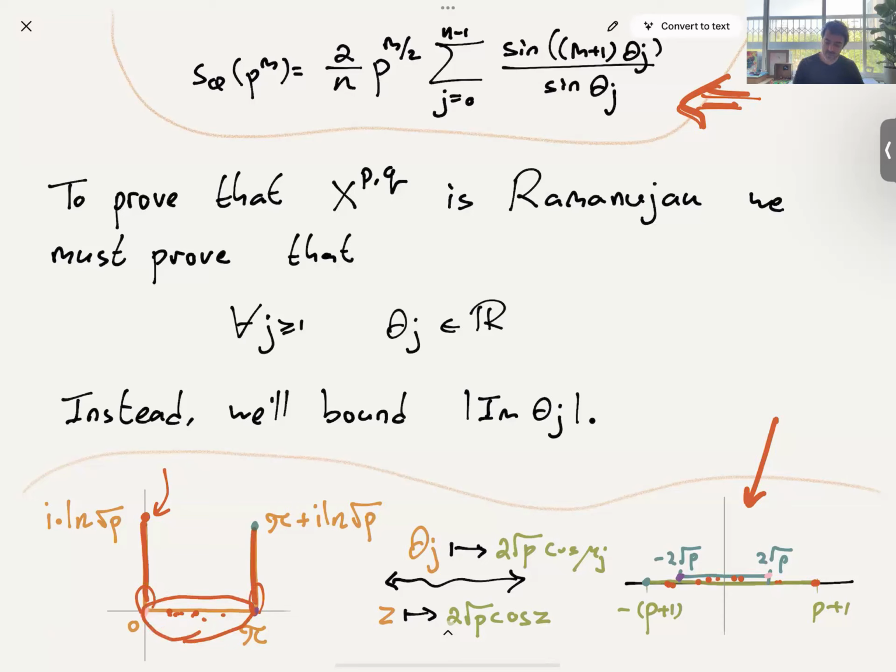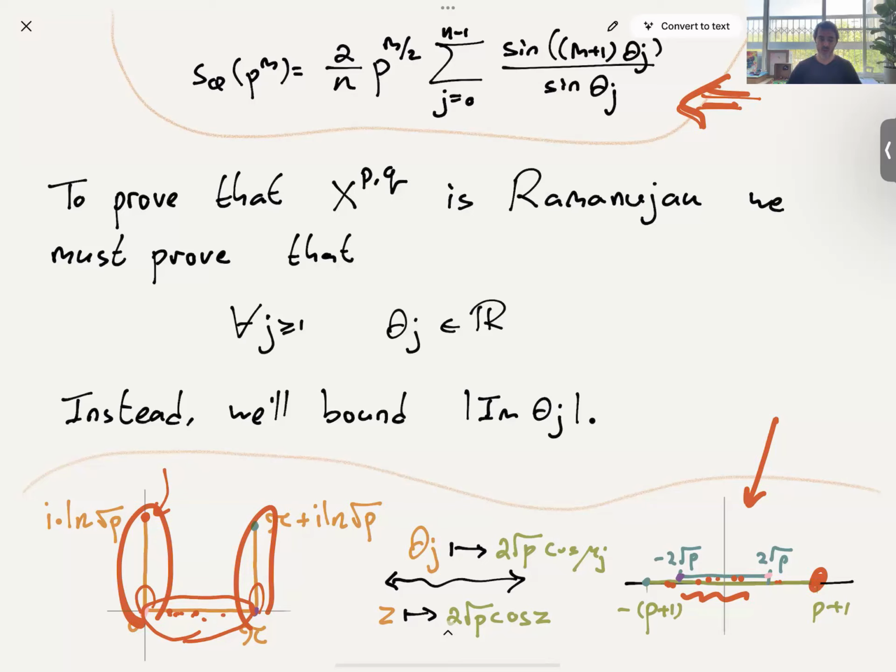And these two are bijected with the things outside of the Ramanujan interval. And in order to prove that the graph is Ramanujan, you need to show all eigenvalues sit here, except for the trivial one, which corresponds in the theta P picture to showing that none of the eigenvalues or the pre-images under this bijection sit here, so they're all real. And that is true, and I'll talk about how to prove it later on.